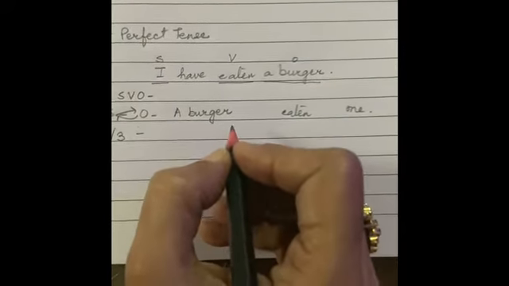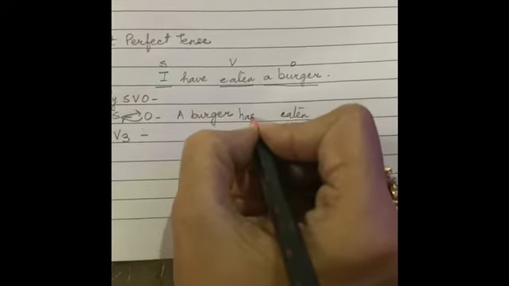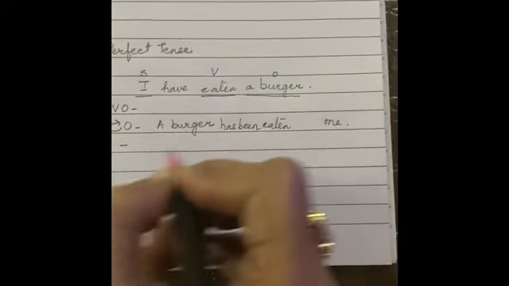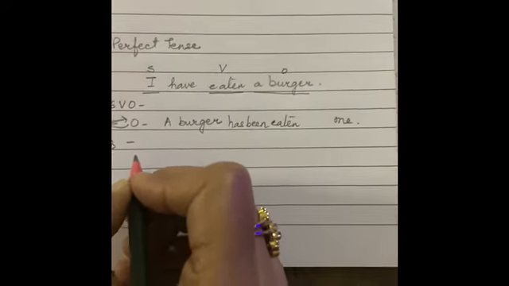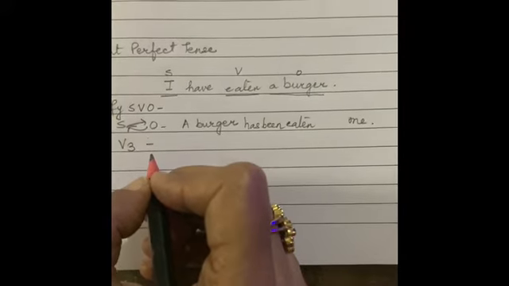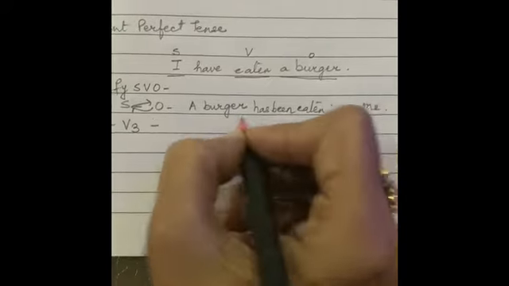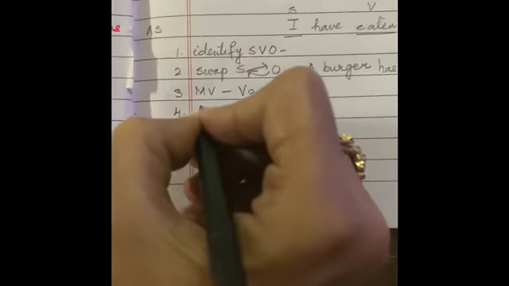And for adding a suitable helping verb, it will be has been. Fine. The fourth was the helping verb.